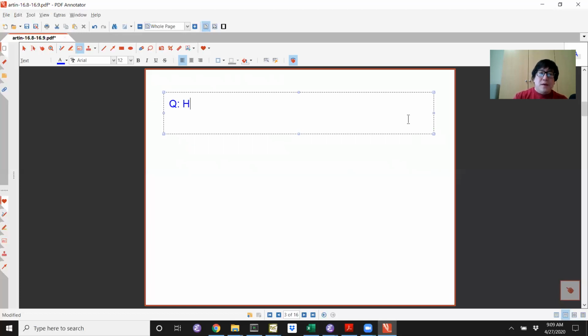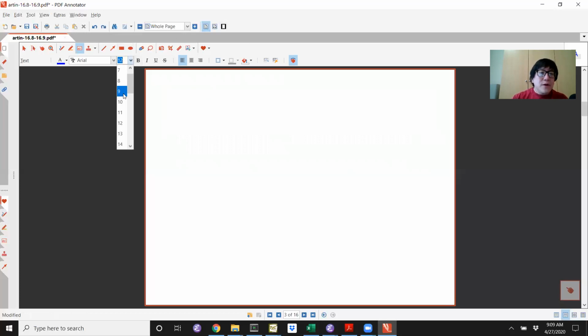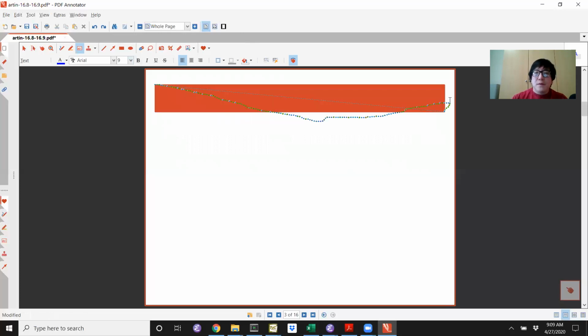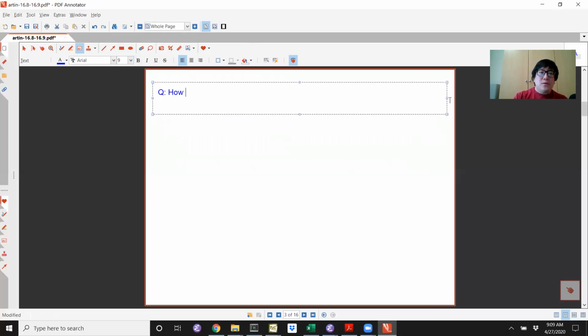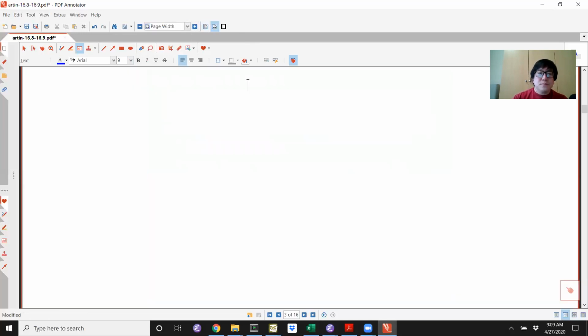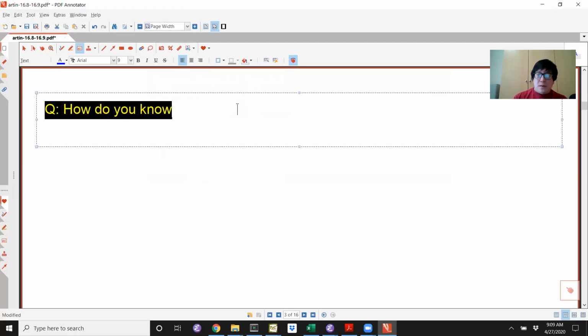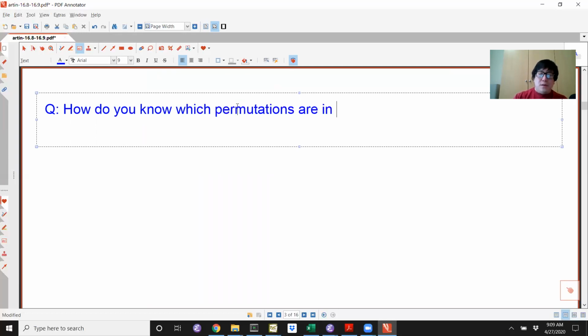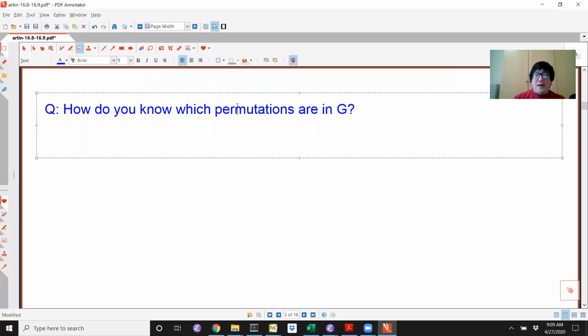How do you know which permutations are in G? This seems like a straightforward question, but the answer is that it's really difficult.